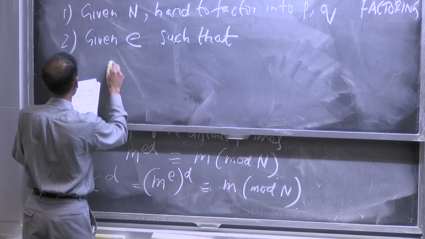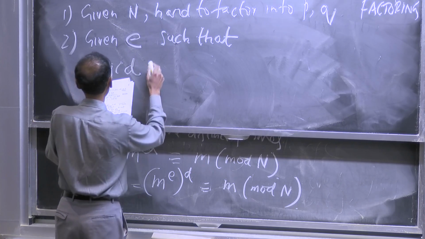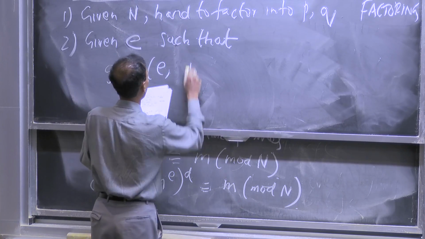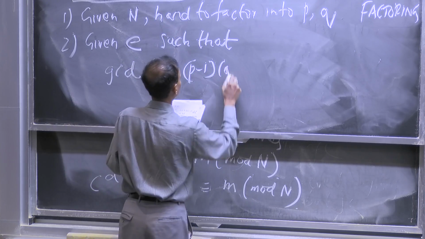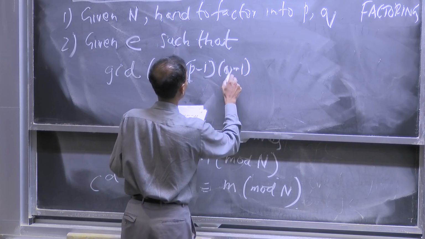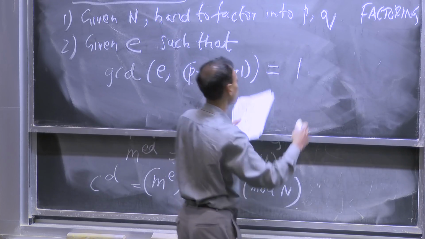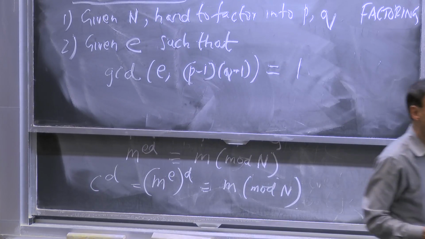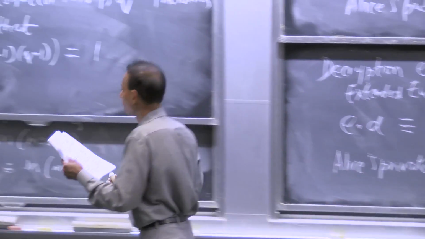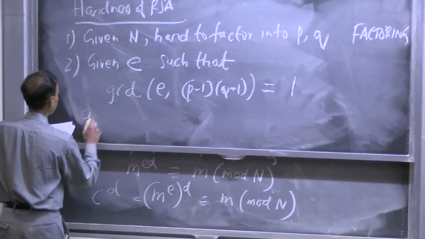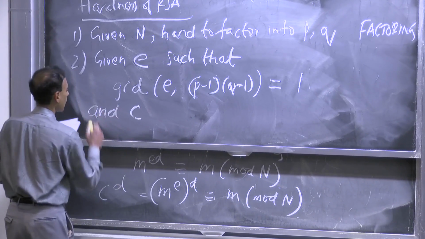You're given E because that's public, and you don't know what P and Q are, but you know that that E is relatively prime with respect to P minus 1, Q minus 1, because that's the RSA algorithm, and that's publicly known. And you also know C, which is the ciphertext.